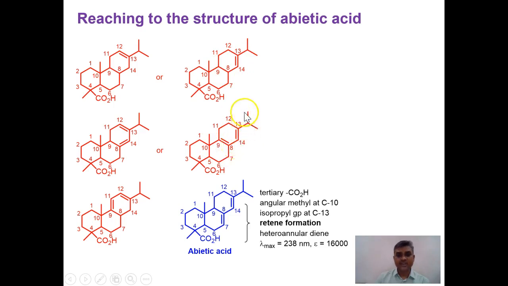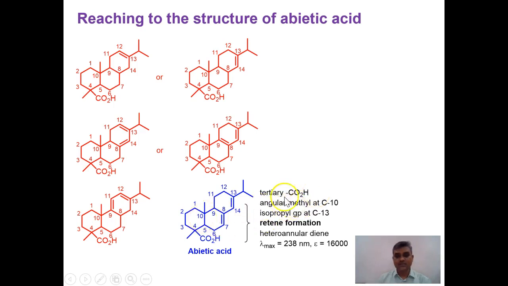Therefore it is necessary that we accommodate the other double bond at the 7 and 8 position. In this way, if we put this double bond here, we reach the structure of abietic acid. So finally we have elucidated the structure of abietic acid on the basis of all this evidence. This structure is consistent with the various structural features. It contains a tertiary carboxyl group.